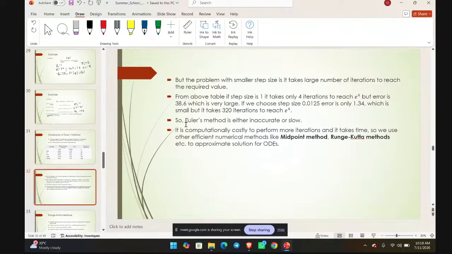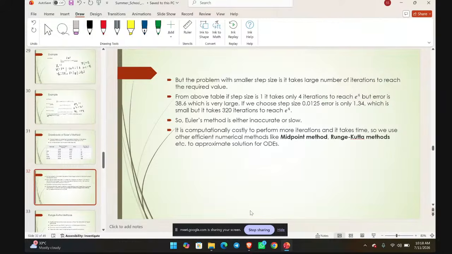If we choose a larger step size, it's inaccurate. If we choose a smaller step size, it's slow, so it's computationally costly to perform more iterations. That's why we use other methods such as the midpoint method and Runge-Kutta methods to approximate the solution for ODEs. That's the idea behind RK methods.